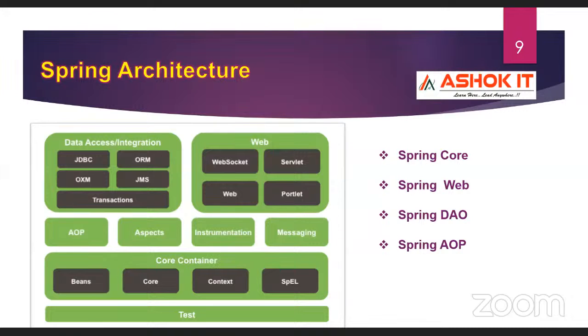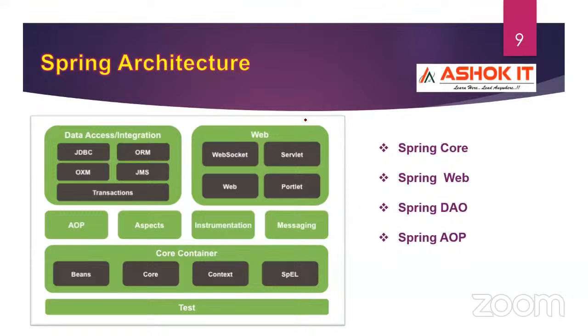So what is Pojo? Pojo means plain old Java object, guys. A plain old Java object is a simple Java class that doesn't extend any other classes from third party libraries or implement any interface from third party libraries.